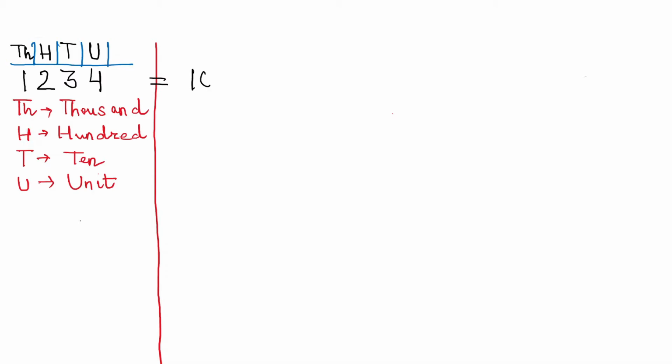So can I write it as 1000 plus 200 plus 30 plus 4? This is the very first way, and keeping one way as a constant here. For example, now I'll take it as 1000 only, plus, now this place is vacant.